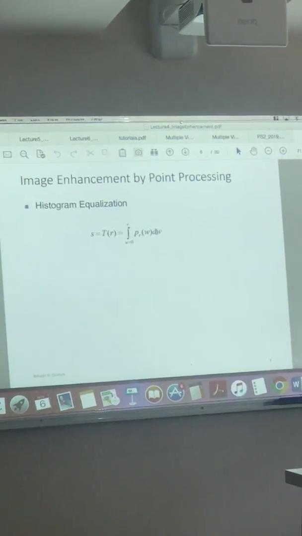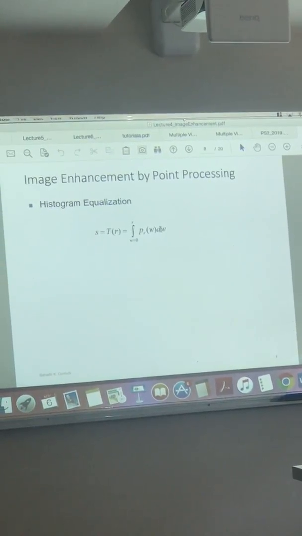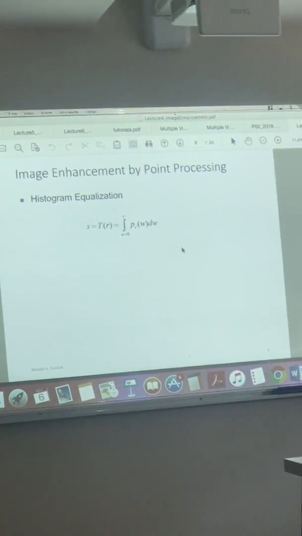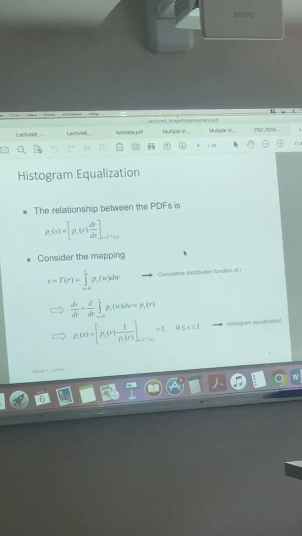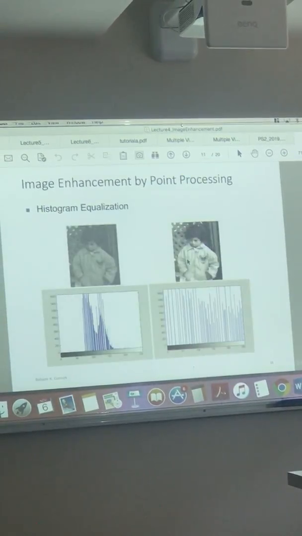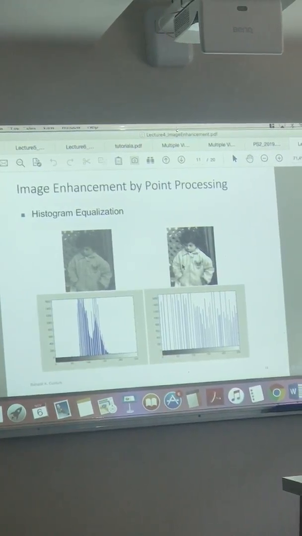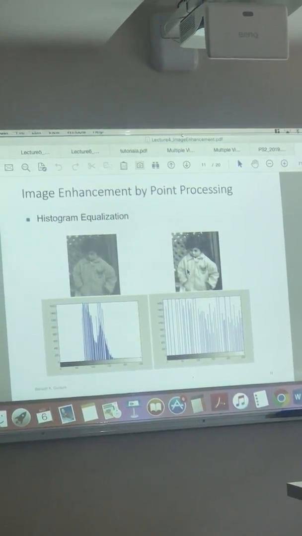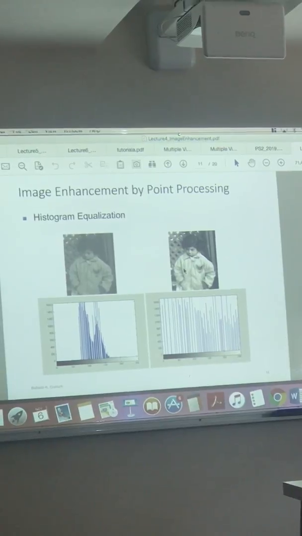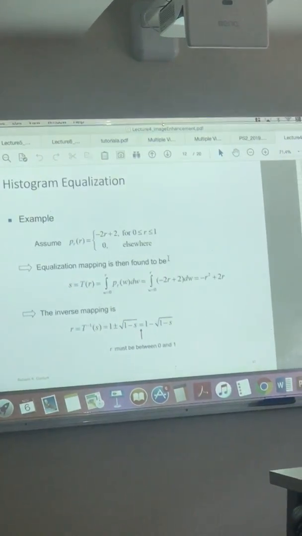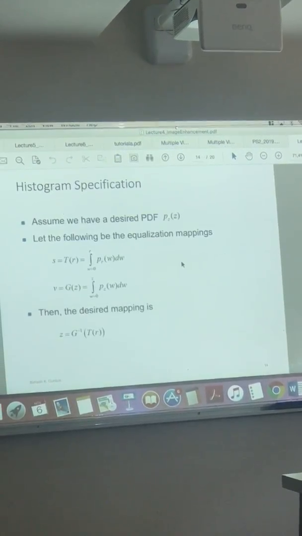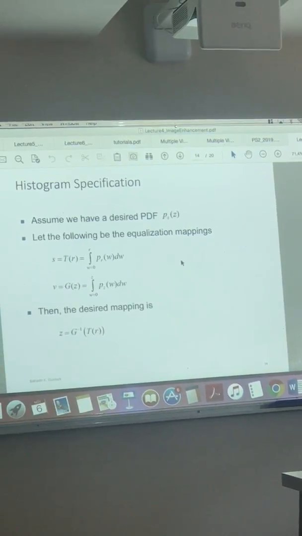If you apply that function, what's going to happen to your image? This is something that is important. I'll ask a question on that. And also in the second problem set, there is a question on histogram equalization. We will talk about that. So definitely learn about the histogram equalization.